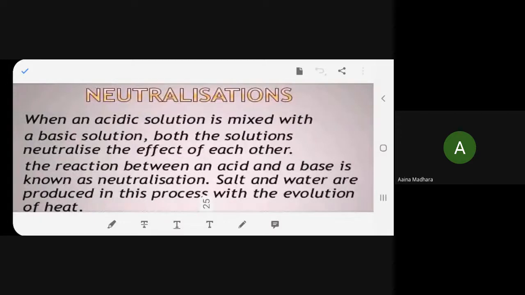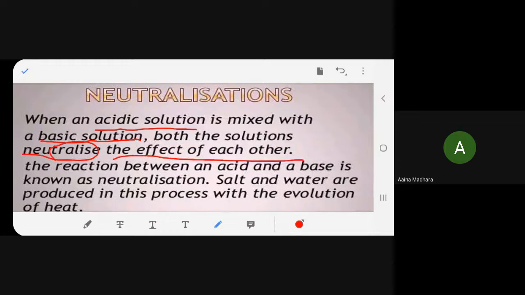What are we doing? We are adding an acid solution and a base solution, right, beta? In certain proportion. So we are adding acid and base. What are we doing? We are neutralizing the effect of each other. So base is working on acid, and acid is working on base.